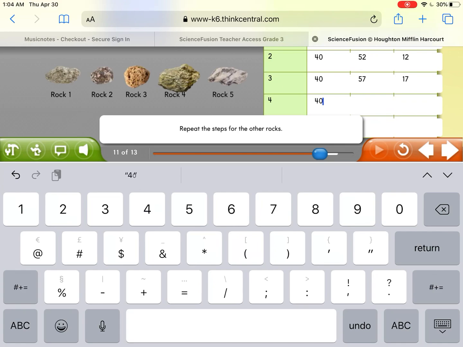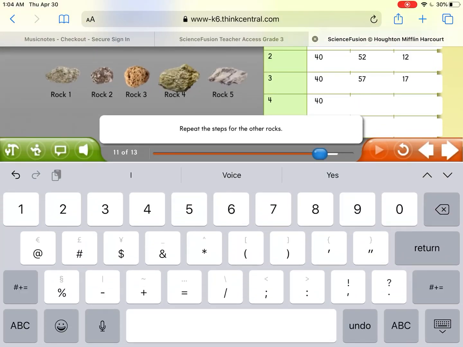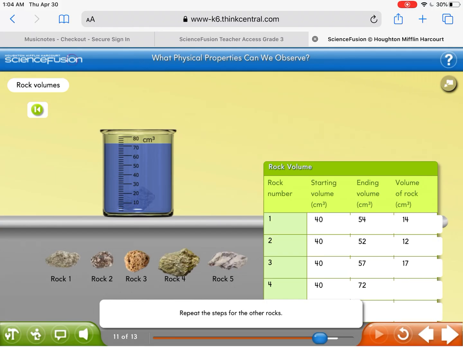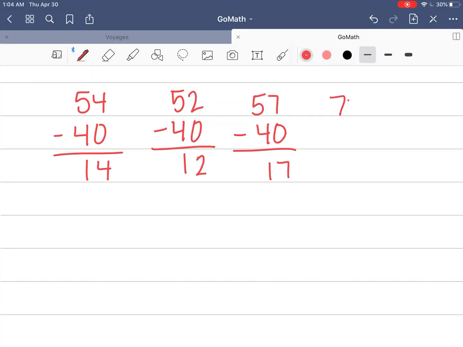Let's reset. We're back at 40 again for the next rock. Then we're going to put rock 4 in. And we're all the way up to, looks like, 72. So then we need to do our subtraction.